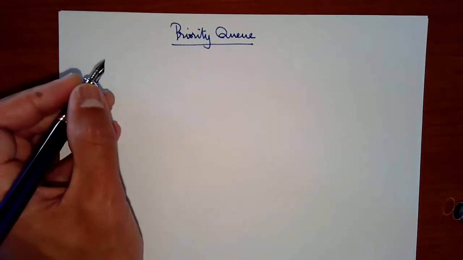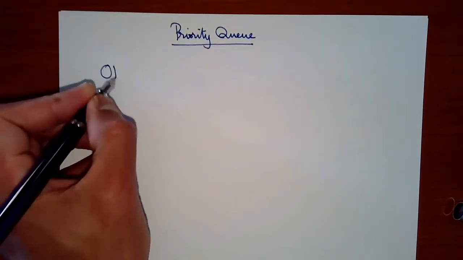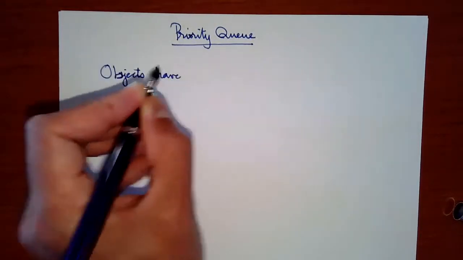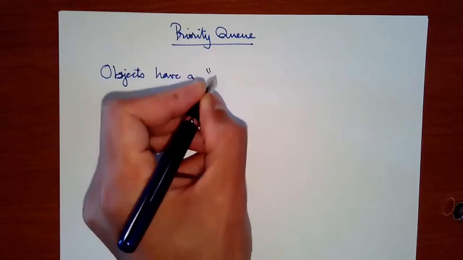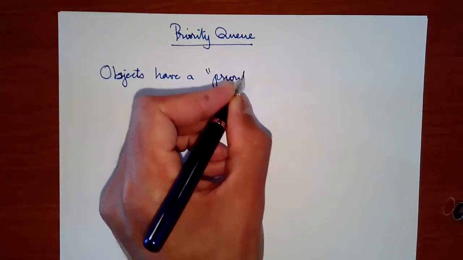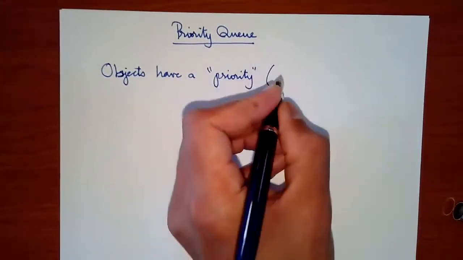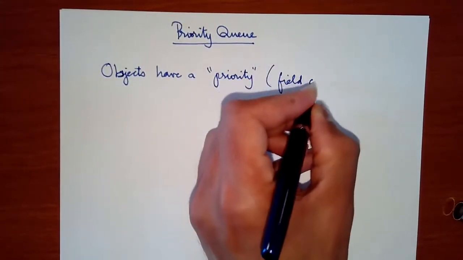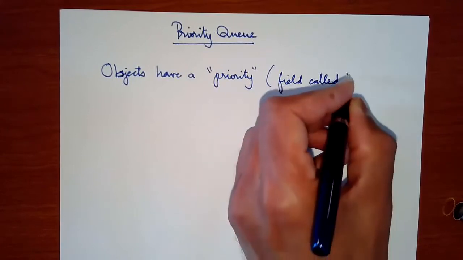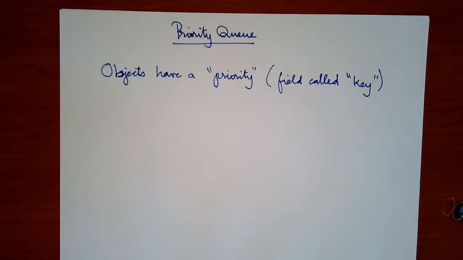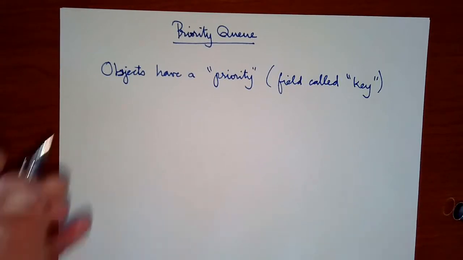So the way you think about a priority queue is objects have a priority, and this is usually in the field that we will call key. So each object has a key, or it's a priority.